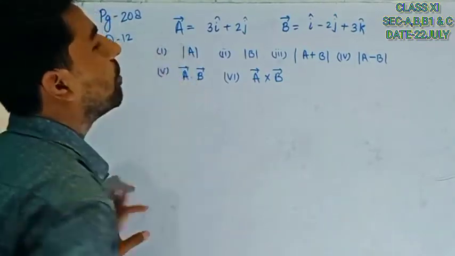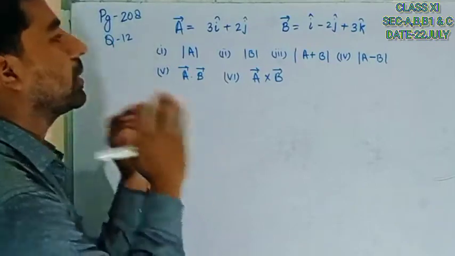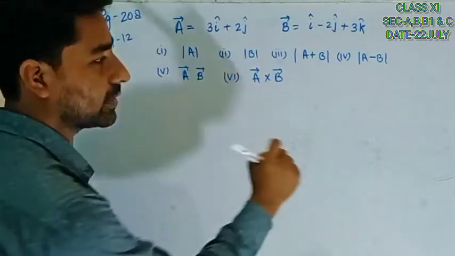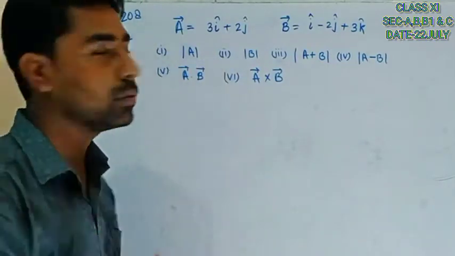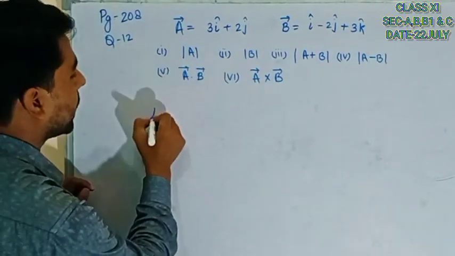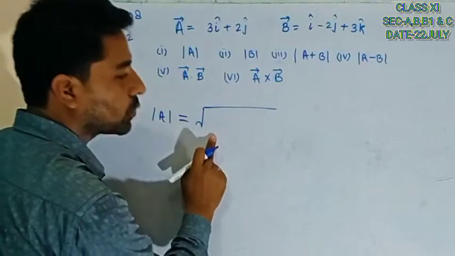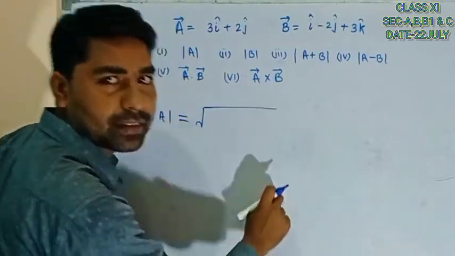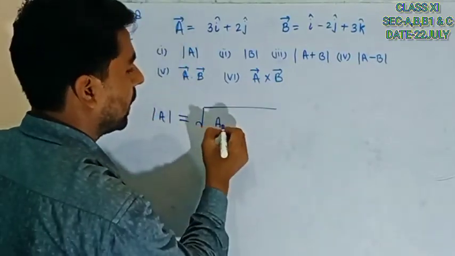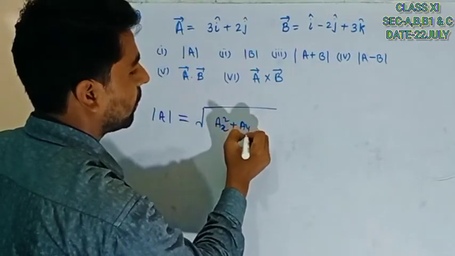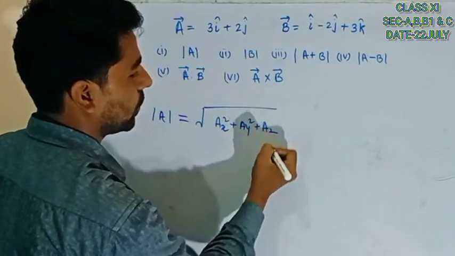First part, magnitude A. This is called mod A, meaning magnitude A. I have just a few seconds ago informed you how to do it. See here. Magnitude A is equal to under root ax square plus ay square plus az square. If you remember, I am showing you again: ax square plus ay square plus az square.